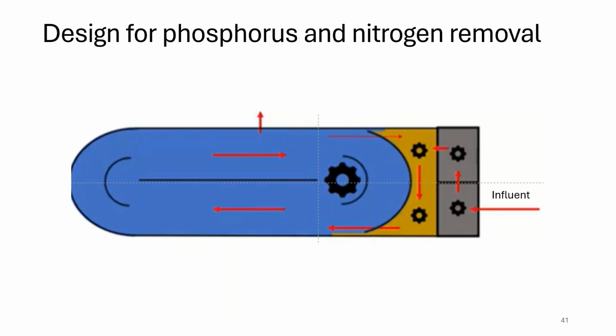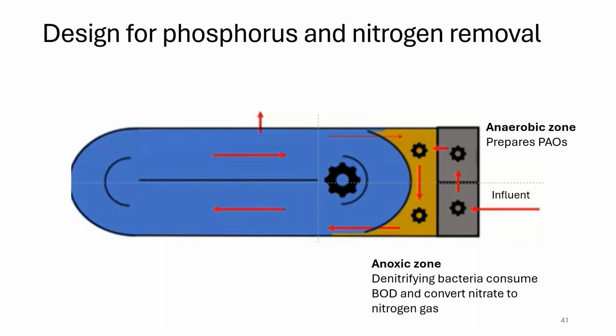Here's one that's designed for both phosphorus and nitrogen removal. We have an anaerobic zone where there's no oxygen, no aeration, no nitrates, and that's preparing those phosphorus accumulating organisms. And we also have an anoxic zone, and we're going to have some recirculation flow back to that. So that's for denitrifying the bacteria. It's not the first step.